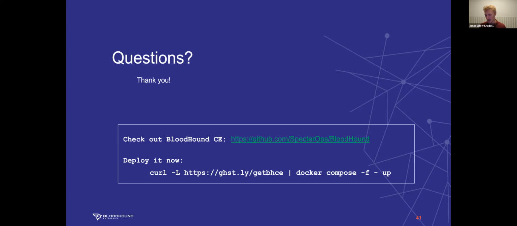For example, we produce this edge called DCSync that will show up only if you have both GetChanges and GetChangesAll. So when you're doing path finding, you can filter out GetChanges and GetChangesAll if you're just looking for a chain or attack path to compromise the domain.